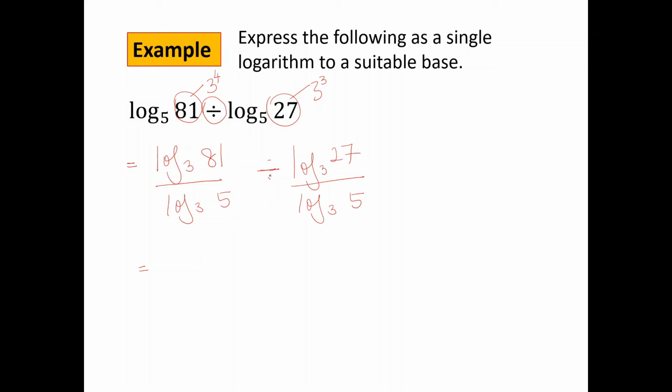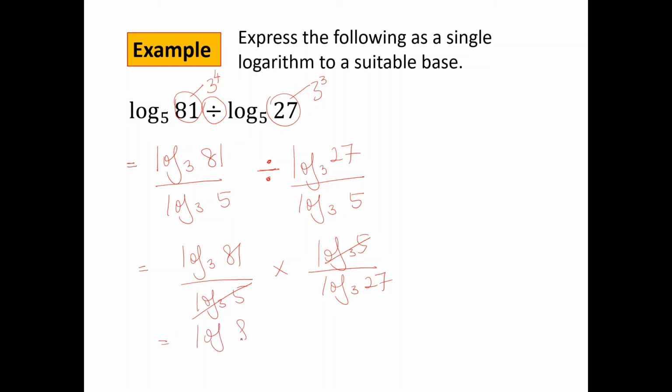Okay, so if we have division of a fraction, you can just change it into the form of multiplication. So log base 3 81 over log base 3 5 times log 5 base 3 over log base 3 27. Okay, you can eliminate these two and we will have log 81 base 3 over log 27 base 3.